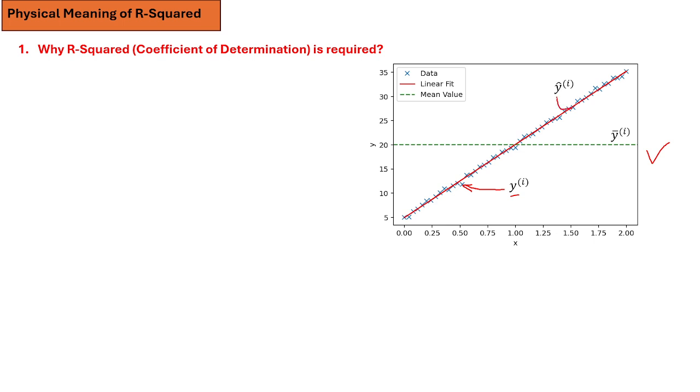This red straight line is represented by y hat, and we have a mean value, which is y bar, and this y bar is nothing but the average of all these actual data points.